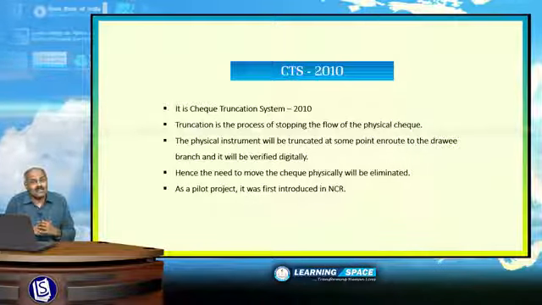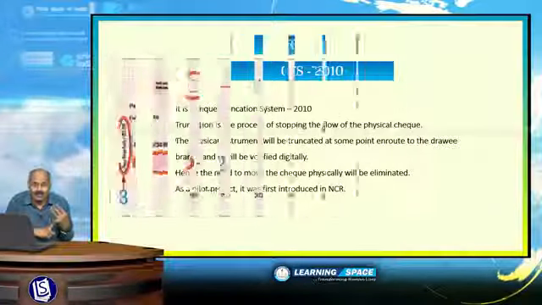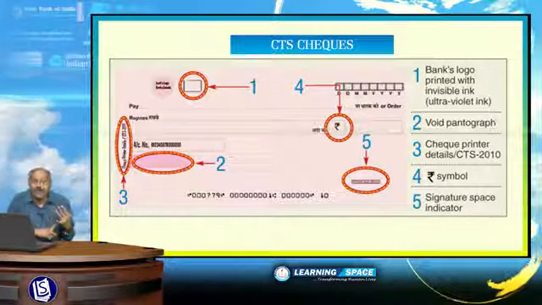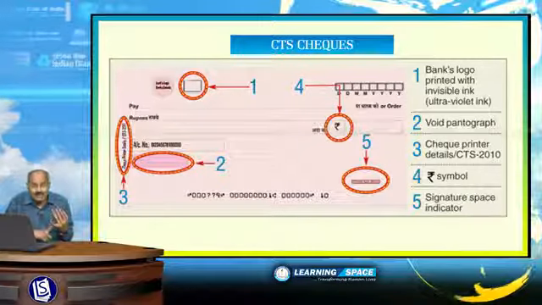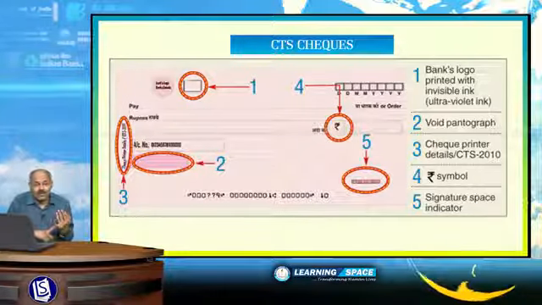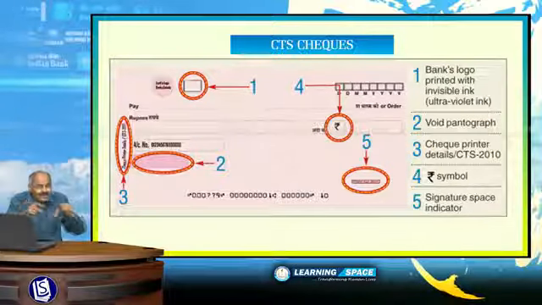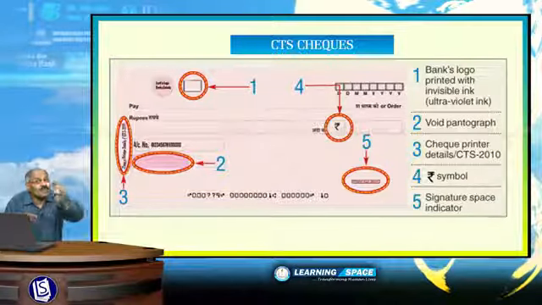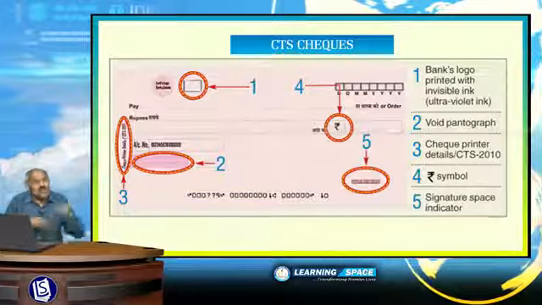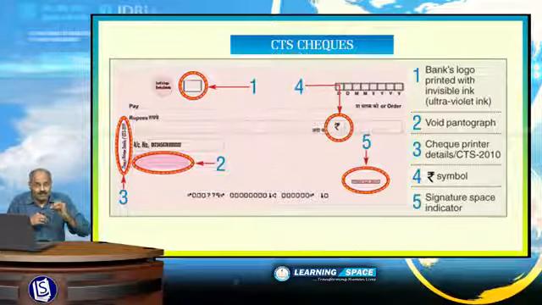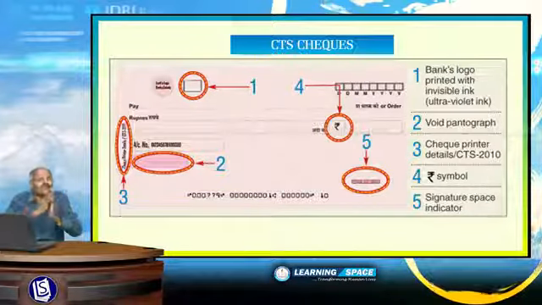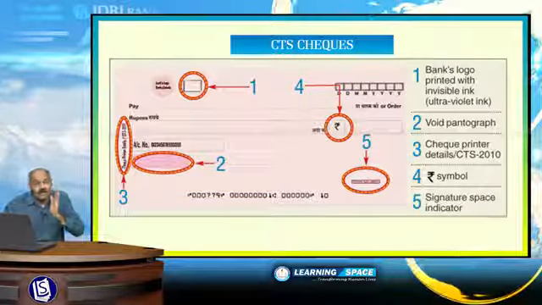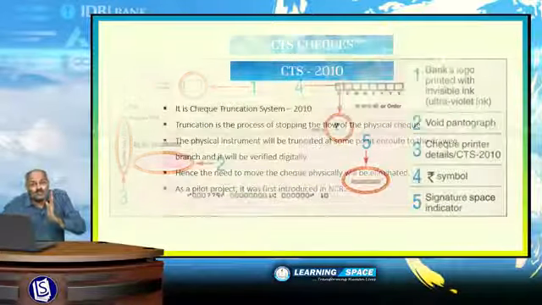First and foremost, security features are here. That means duplicate checks or fraudulent checks are not possible because this has several security features. The second important aspect is that physically the check will not move, only the image will move from one place to another.